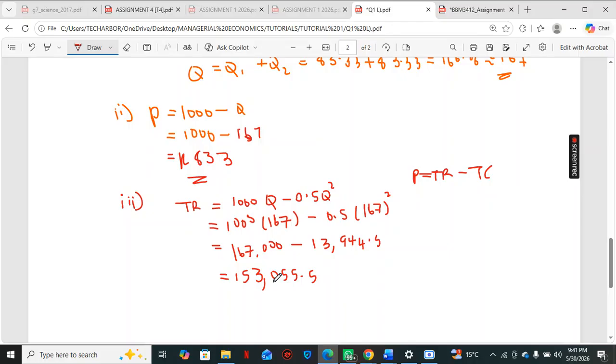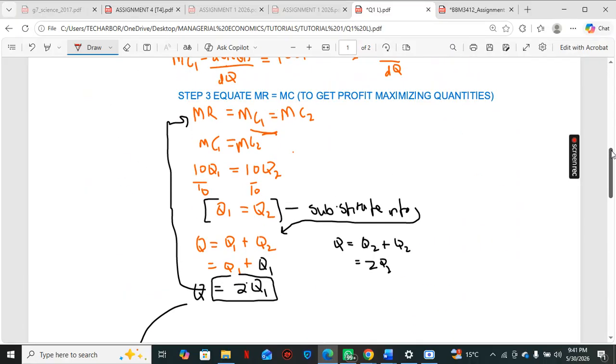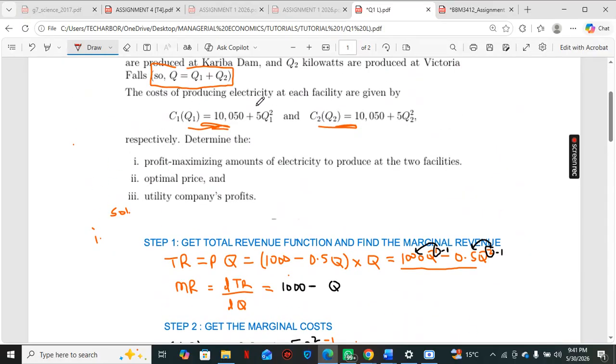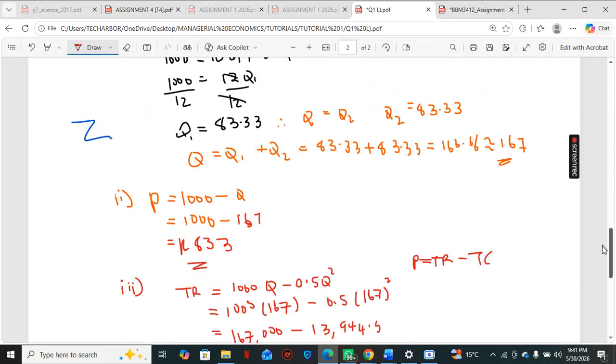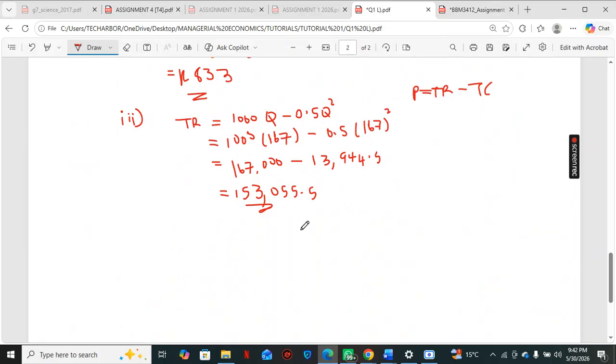Okay. After we got our total revenue, now we can get our total costs. So we come back to our cost functions here: 10,050 plus 5q1 squared. So let's find our C1(q1), 10,050 plus 5q1 squared.